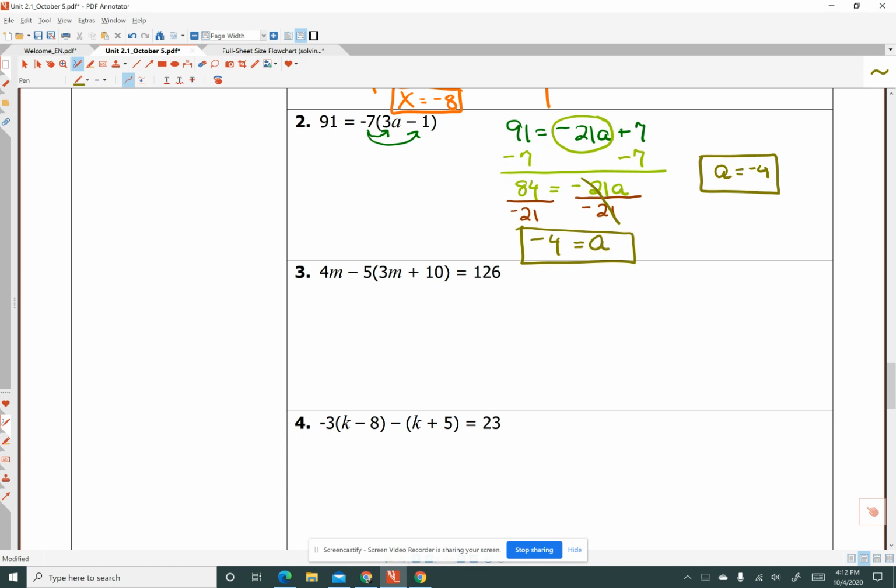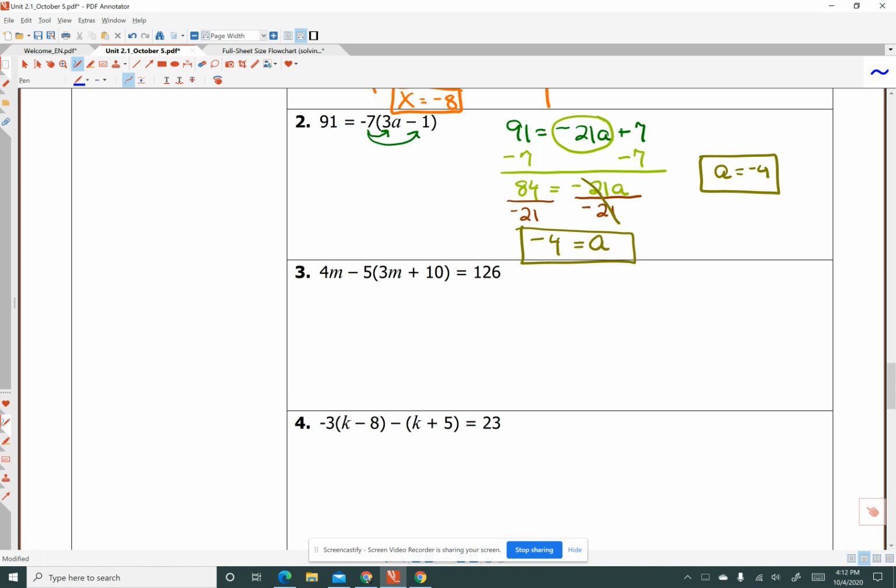So let's go on to number 3. And we'll get a new color to start with. Number 3, 4m minus 5 times the quantity of 3m plus 10 equals 126.